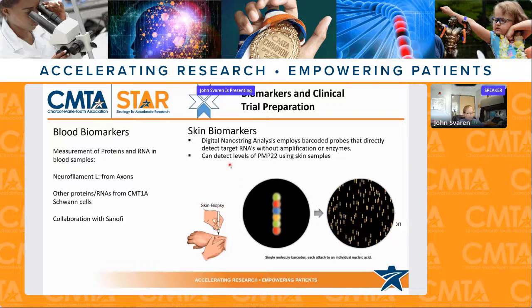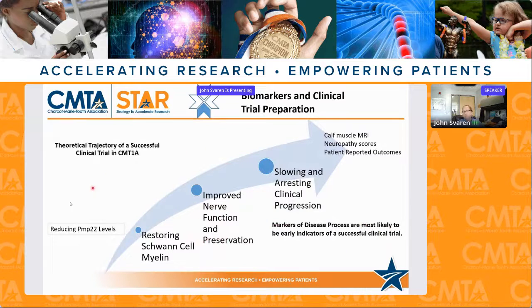So essentially, all of these things are in development, again, to try to make clinical trial design more efficient. And this will really attract company investment into this. So as I envision a successful clinical trial for CMT1A, we would, first of all, restore Schwann cell myelin. This would lead to improved nerve function and nerve preservation. And then ultimately that really ends up impacting patients in a positive way, to slow and arrest the clinical progression.